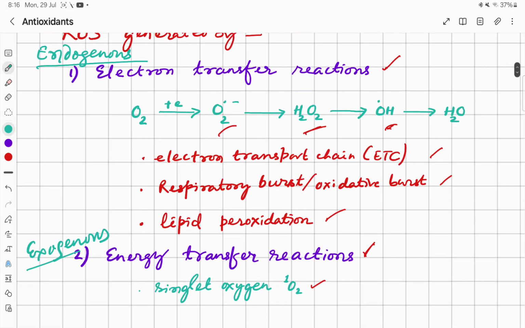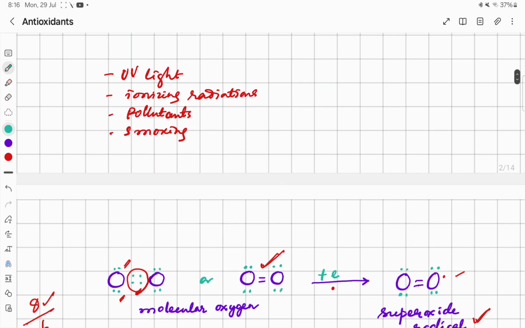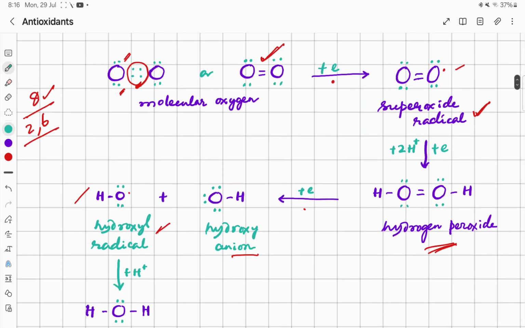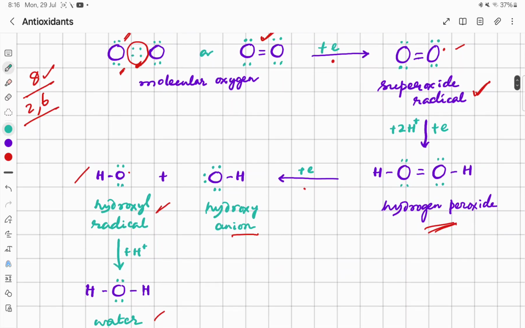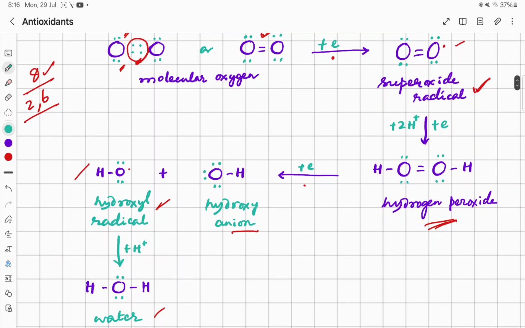Similarly, in addition to electron transfer reactions, energy transfer reactions can also produce reactive oxygen species like singlet oxygen, and all these things we have discussed in detail in our other class on reactive oxygen species. So you can see from molecular oxygen to water how these byproducts are produced.